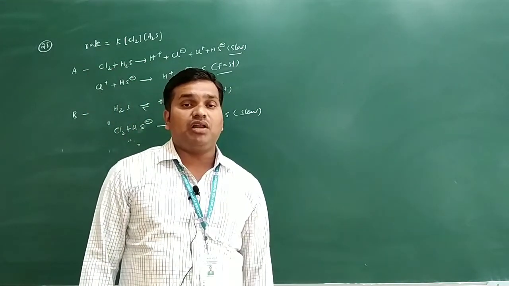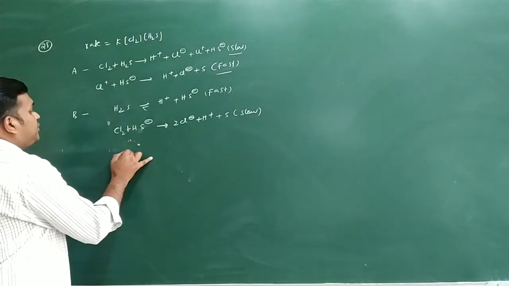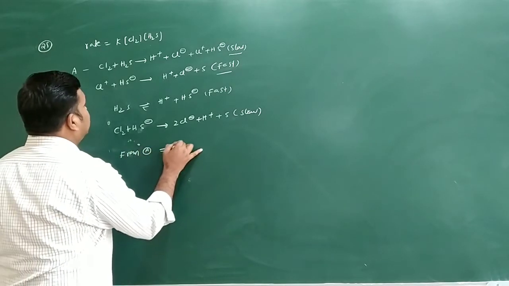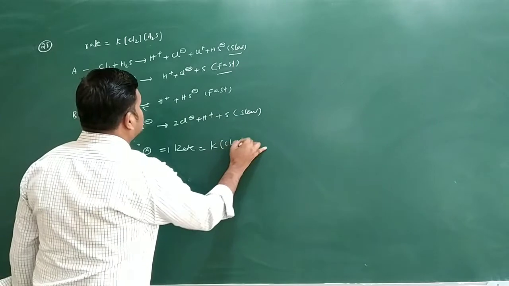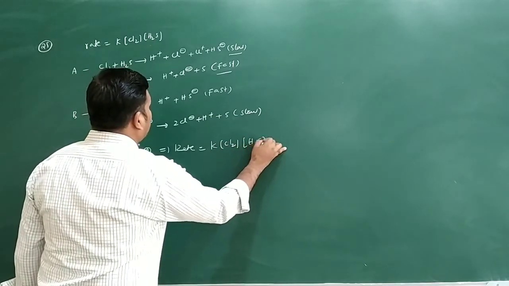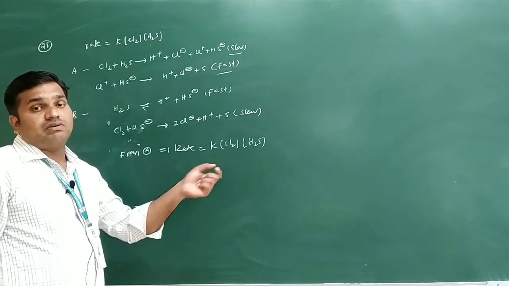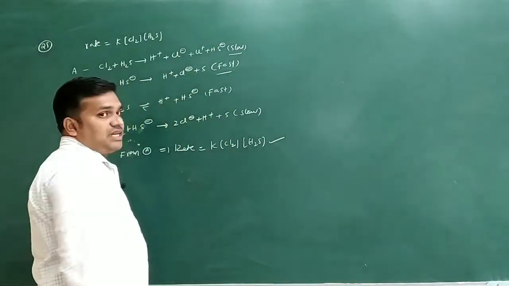The rate determining step you always get from the slow step of the reaction. So from A, I will write rate is equal to K into concentration of Cl2 into concentration of H2S. This is for the slow step. So according to A, the rate expression is correct.